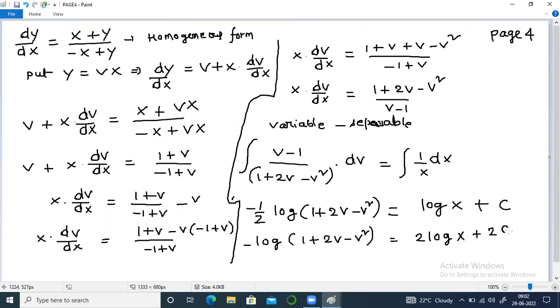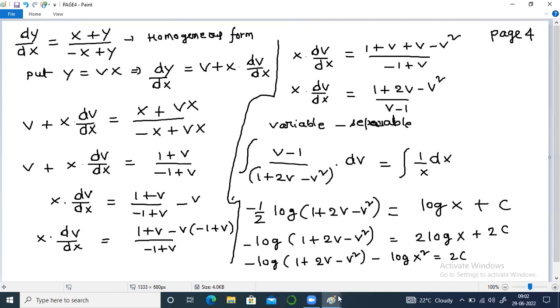plus 2c. So this, if you bring 2 log x, can be written as log x square, and I am taking this side, it will become minus log x square. I can write log x square is equal to 2c. So minus, I am taking right hand side.